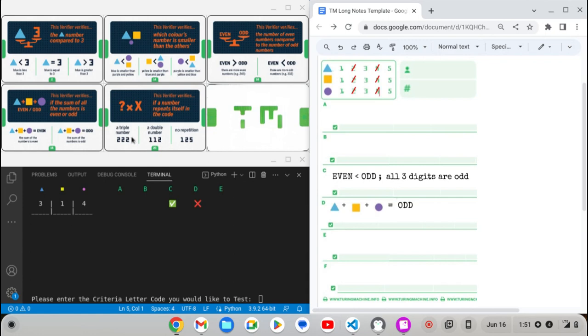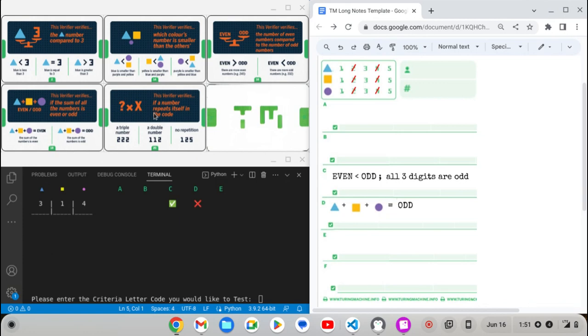There's a reason we cannot have a triple number, and that's precisely the card above, criteria card B. Since this is telling us I have an absolute smallest, of course you can't have an absolute smallest if you have a number that repeats 3 times, right? In this example, 2 is not less than itself. So that means it cannot be a triple number, okay?